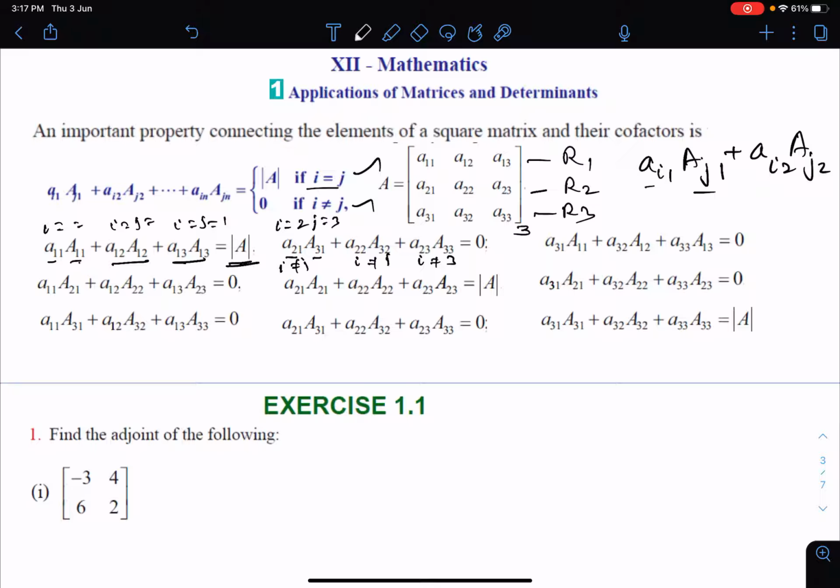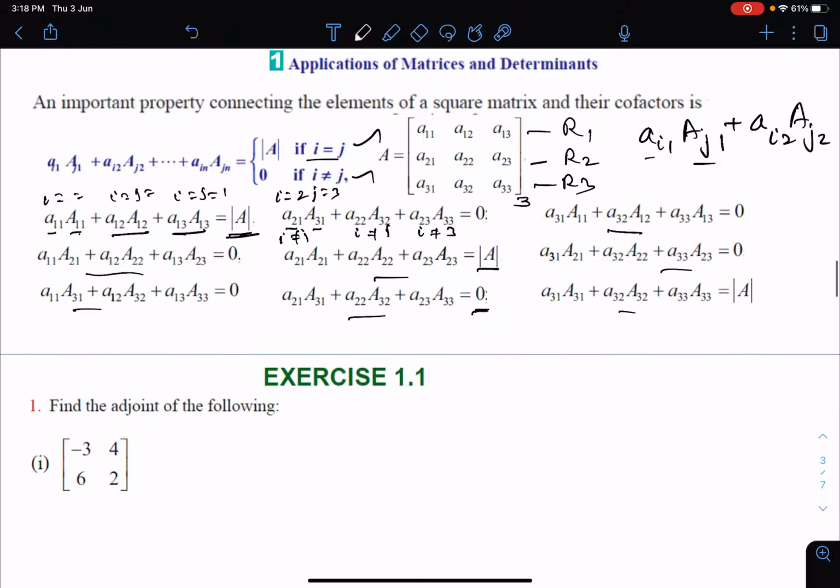Now you see all these 3 into 3, 9 multiplications along with their cofactors. Wherever i is equal to j, you get the determinant A. Wherever i not equal to j, you get the answer as 0. So this is how they have written this property. I think now this property will be clear for you.